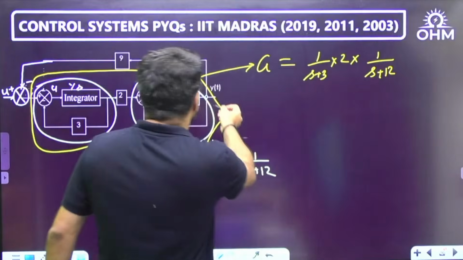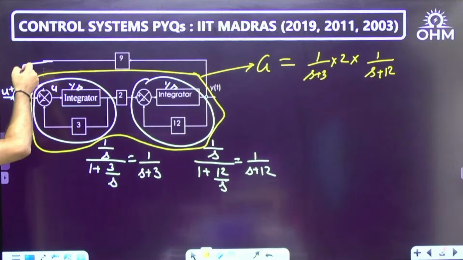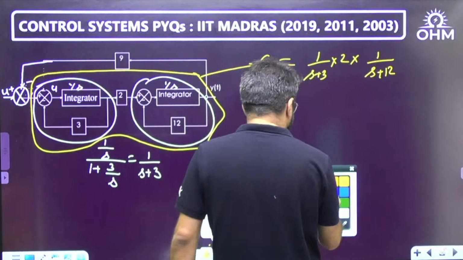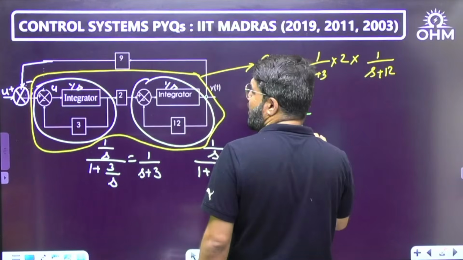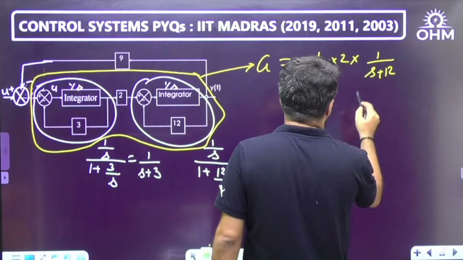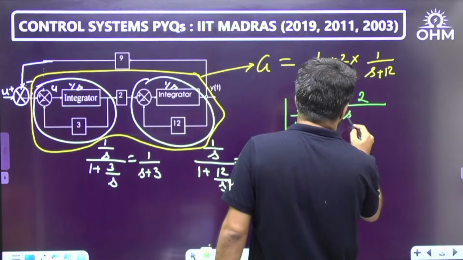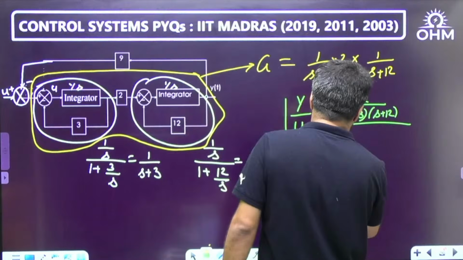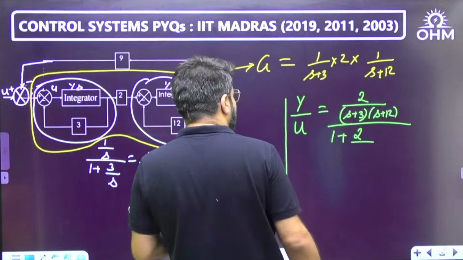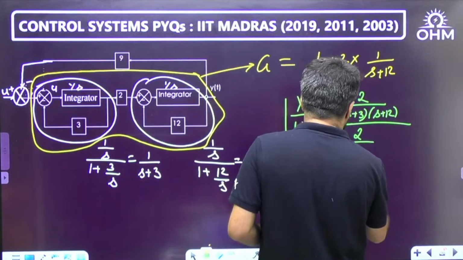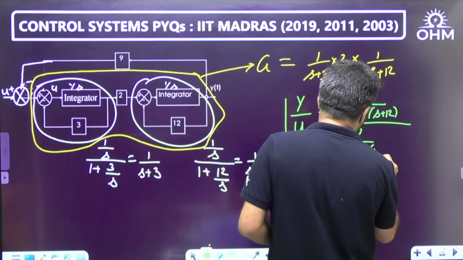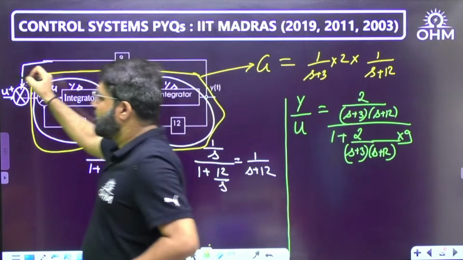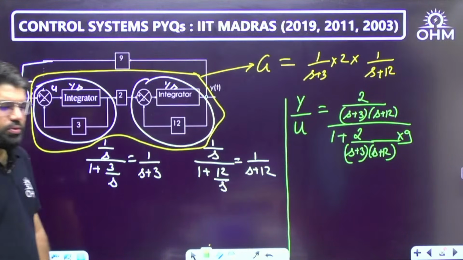And then this is again the feedback path, with negative feedback. So the overall transfer function for the system can be noted as y upon u, equal to the overall G(s) which is 2 upon (s plus 3)(s plus 12), whole divided by 1 plus G(s)H(s) again, 1 plus 2 by (s plus 3)(s plus 12). This is G, and the feedback gain is 9. This is what it looks like.